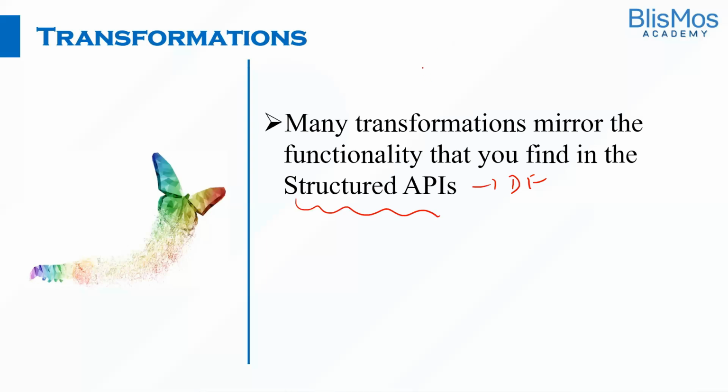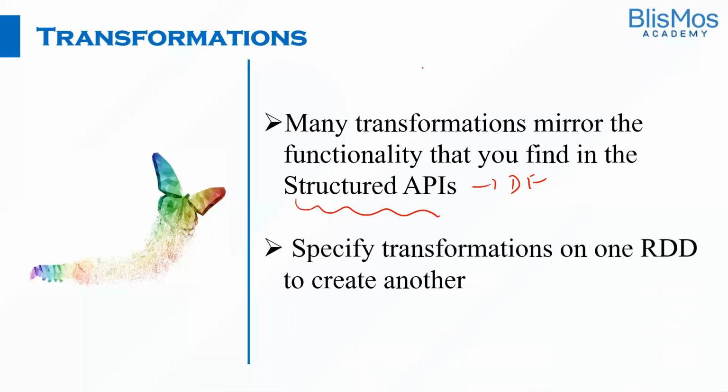A transformation is a transformation, whether you are doing it on an RDD or data frames. Many of the transformations mirror the same functionality that we have seen as a part of the data frames.